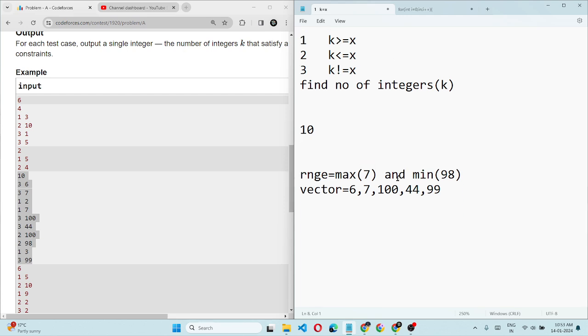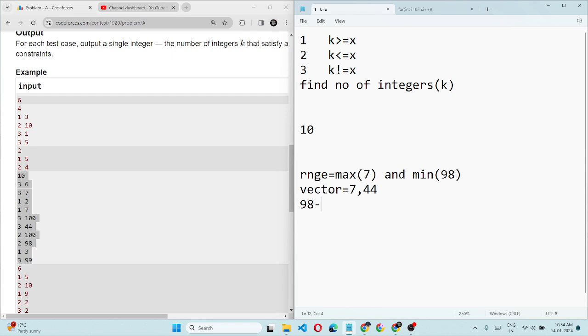Now what I have to see is how many numbers are in this range from 7 to 98. So 6 is not here, then 100 is also not there, then 44 is there, but 99 is not there. So there are two numbers in the range from 7 to 98, and they will not be counted. First I'll take the range, how many numbers are in this range, including 7.